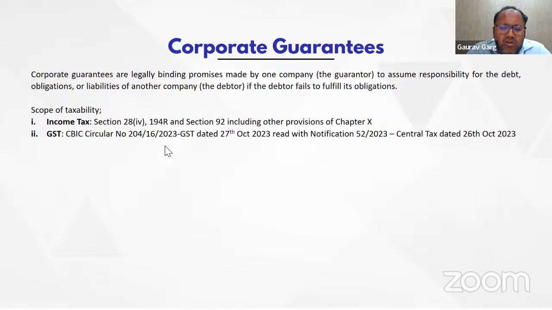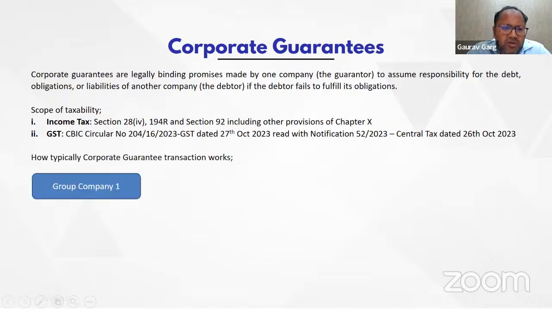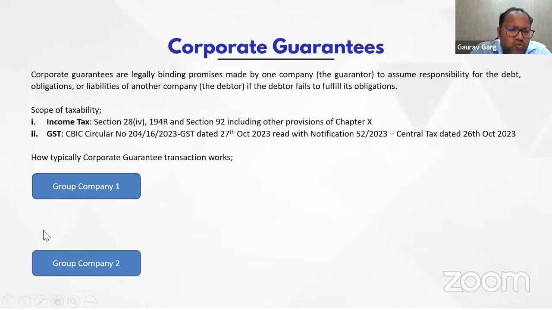But typically, how does the transaction work? Let's say we have group company 1 and group company 2. There could be more group companies. One could be the parent company and one a subsidiary, or they could be fellow subsidiaries or fellow group companies.